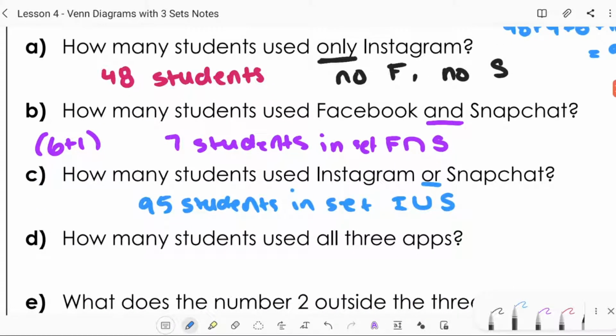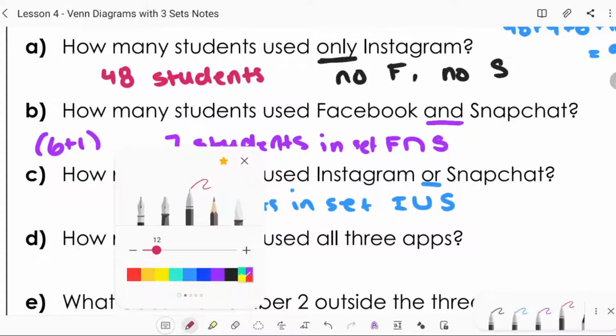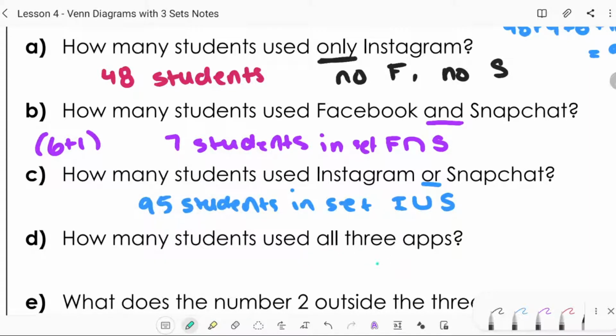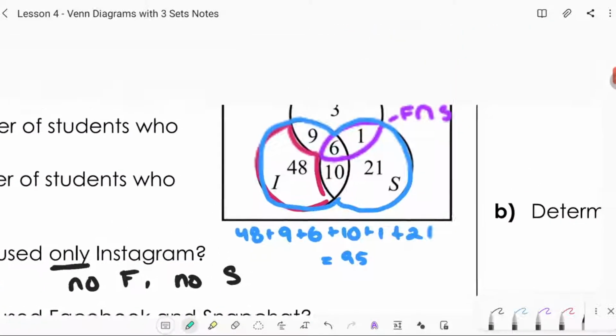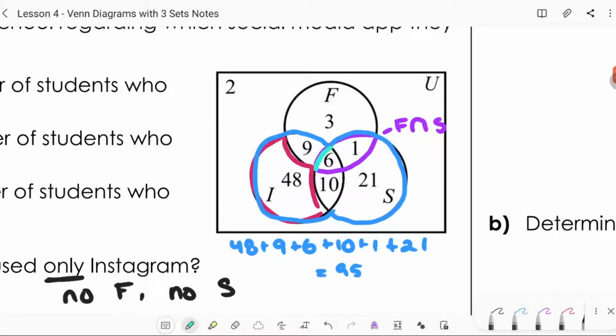So 95 kids used either Instagram or Snapchat or both and Facebook. How many students used all 3 apps? I wanted to give this a name, all 3 apps. Let me get a different color here. This is going to be I intersect F intersect S. And this is that very middle section. This is where all 3 intersect, right?